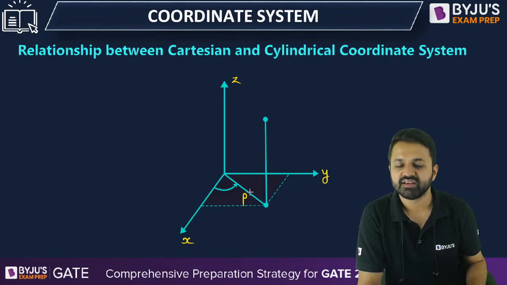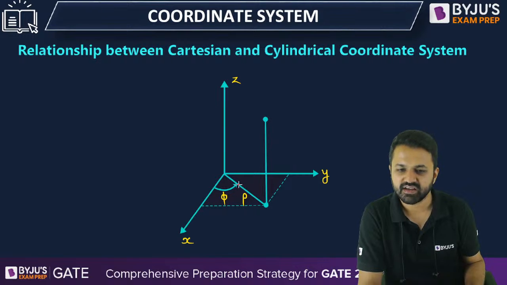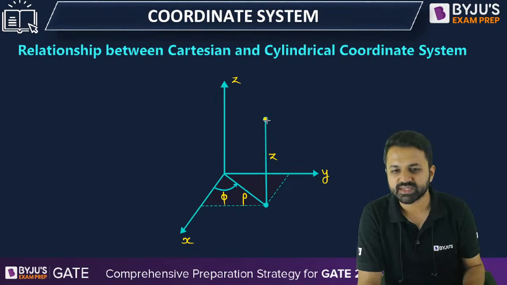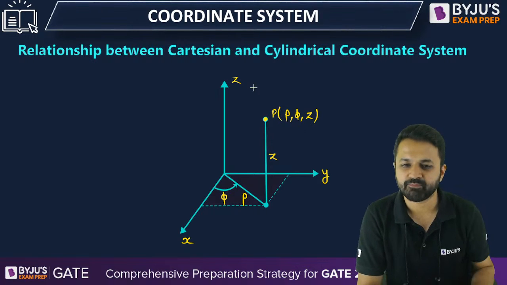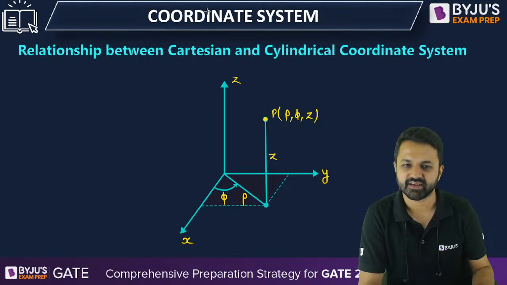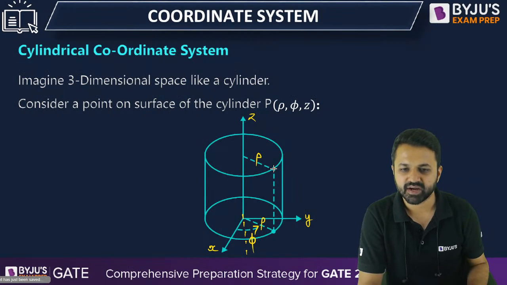This is our cylindrical coordinate system parameter, and the angle measured from the x-axis in the anti-clockwise direction is phi, and this vertical distance is z. So to reach this particular point P, we are moving in these three directions. This point P is on the cylinder.